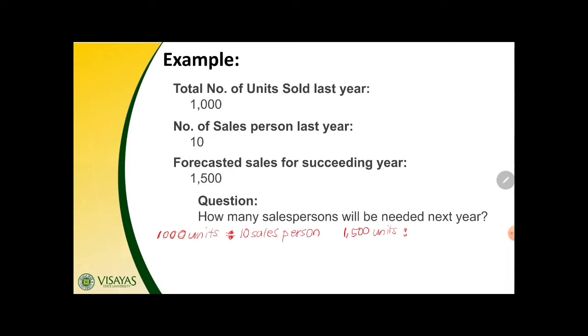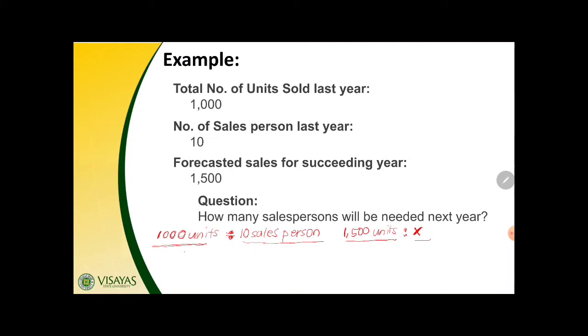We don't know, so X. When you do ratio and proportion in algebra, basically the concept comes first: you put down what is equivalent to what. The 1,000 units is equivalent to 10 salespersons, and 1,500 units is unknown. Okay? So how do we write it algebraically?